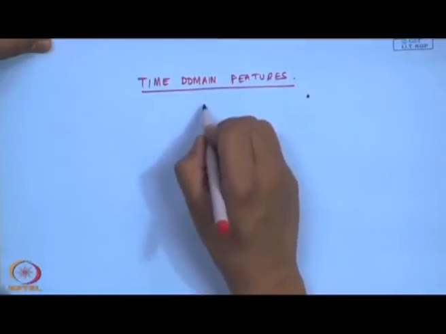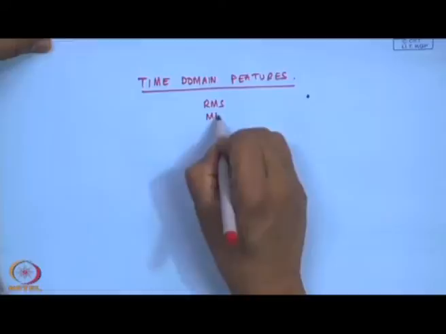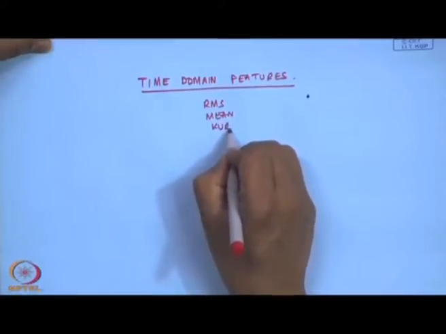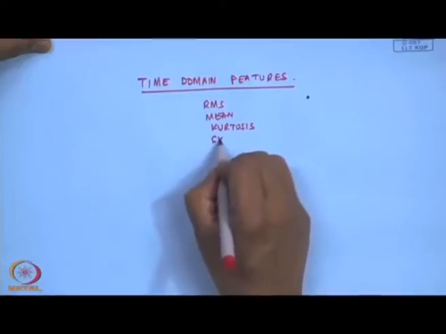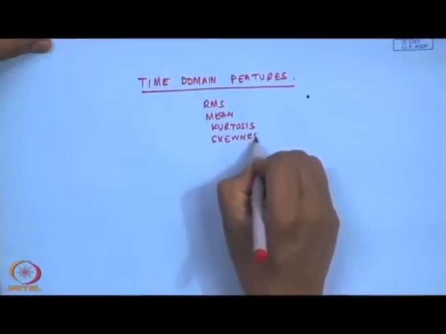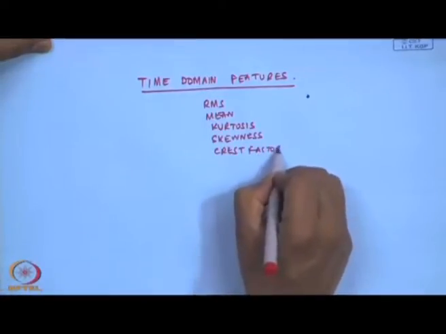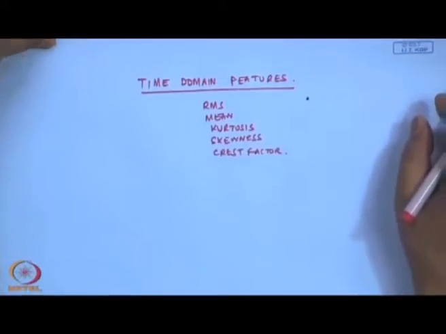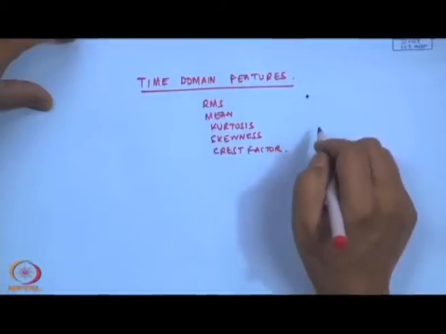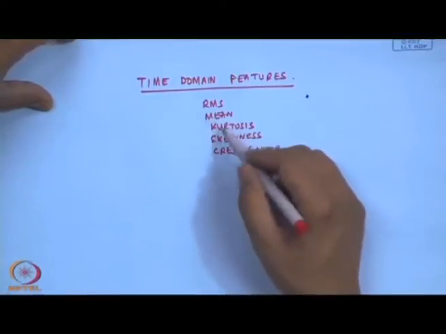By time domain features, I mean RMS, mean, kurtosis, skewness, crest factor, etc. We studied this in some of the earlier classes on time domain signal analysis, and you know by now how to calculate these parameters. So, the characteristics of a truncated signal would be different, having a different kurtosis, skewness and crest factor, and in the time domain they will look truncated.